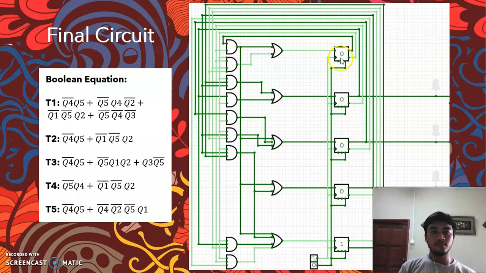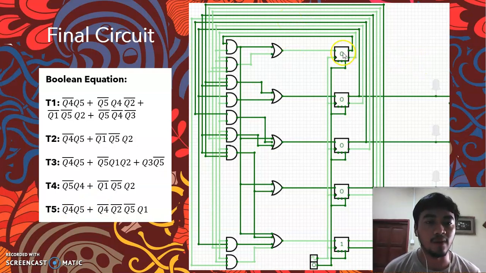For the first AND gate, it is not Q4 and Q5. So what is not Q5 and Q5? Basically Q5, this is 5, 4, 3, 2, 1. The top one is Q, and the one down below on every flip-flop is the not of Q. So this one is Q5 and this one is not Q5. So for the first AND, we AND the not Q4 and Q5.